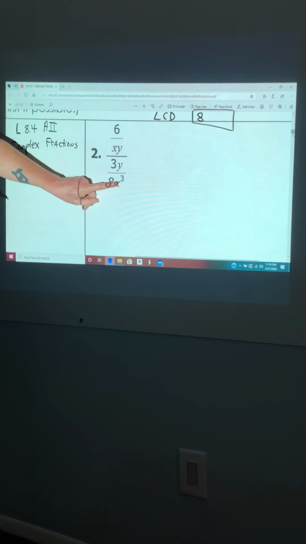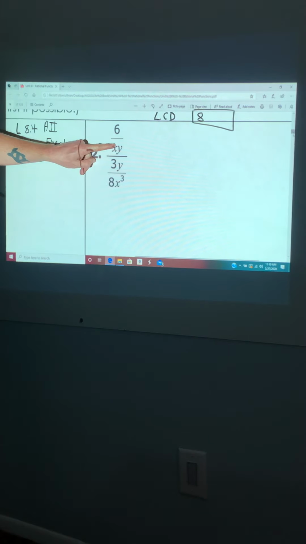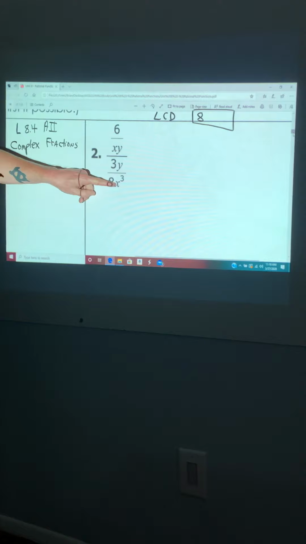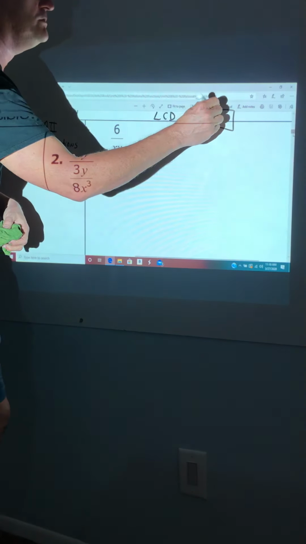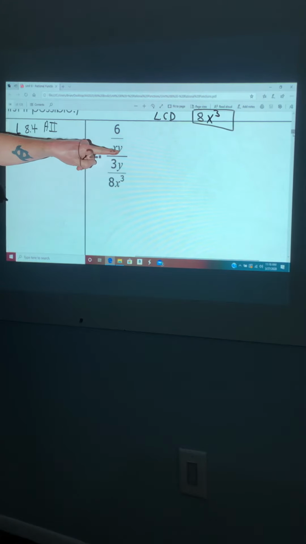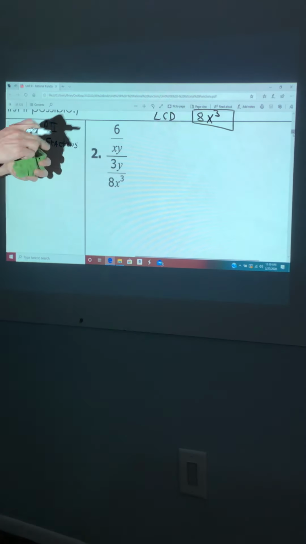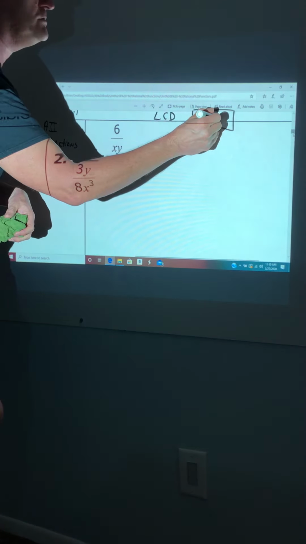I have x to the third power in the bottom denominator. I have x to the first. For a lowest common multiple, believe it or not, you're going to take the highest power of the same factors. So I need x cubed. And then I see a y in this denominator, no y over here, but I have to include all factors.